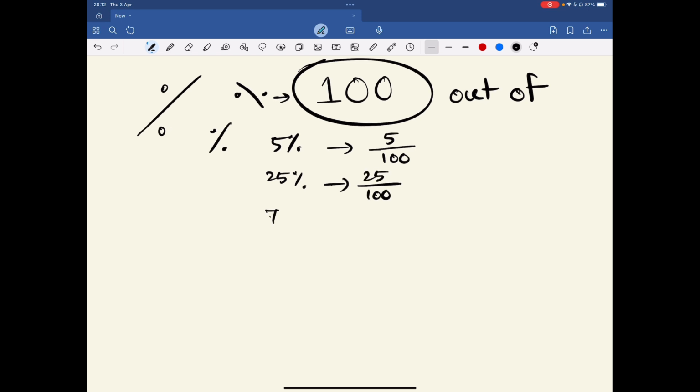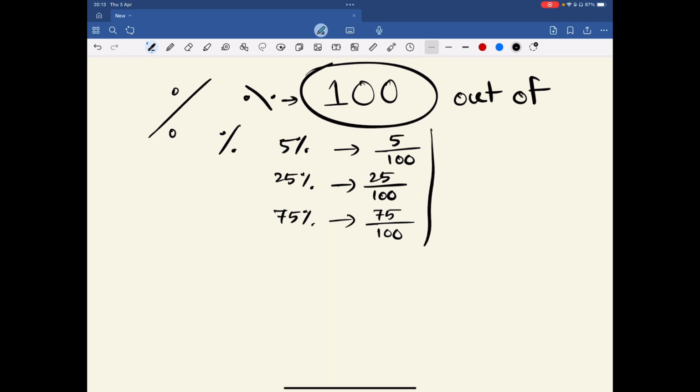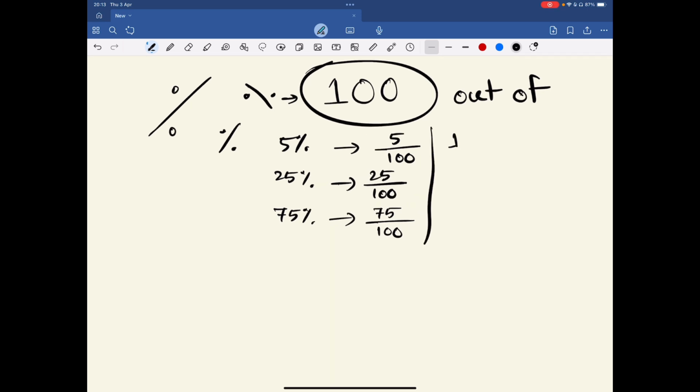So what does 75% mean? 75% means obviously 75 out of 100. Let's say again, a percentage is just a way of saying out of 100. Keep it in your mind. So what does 1% mean? 1% means 1 out of 100.